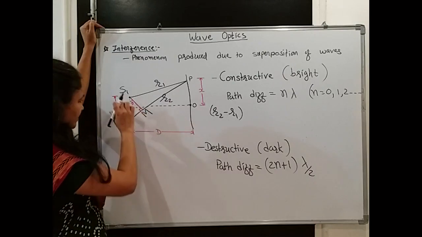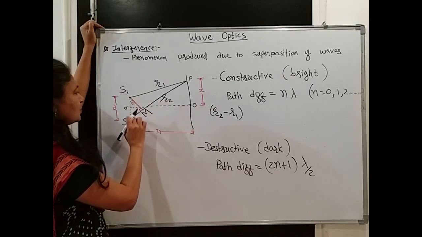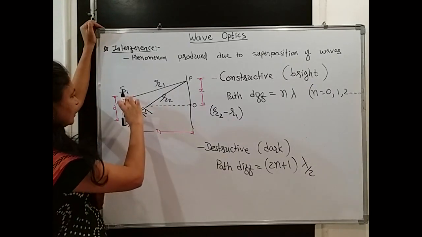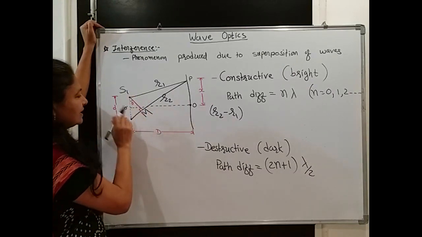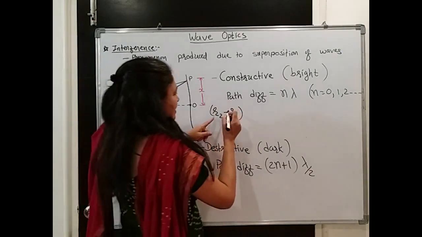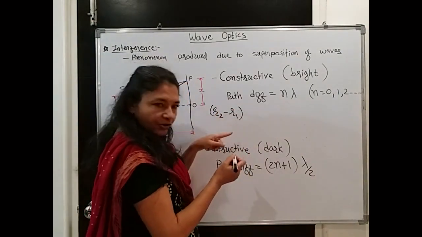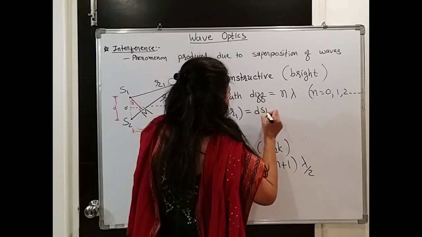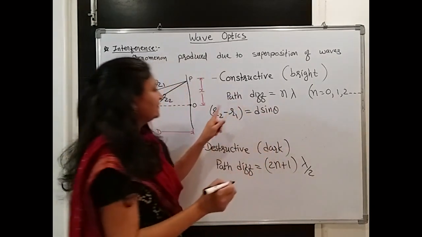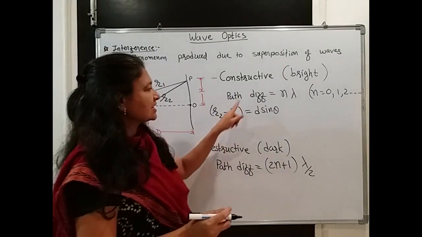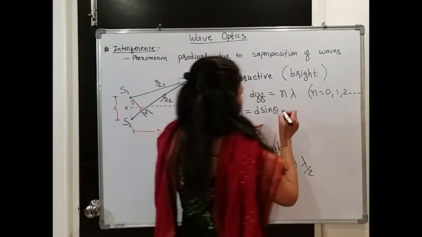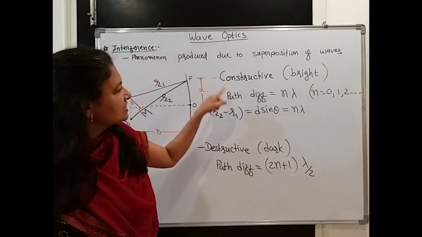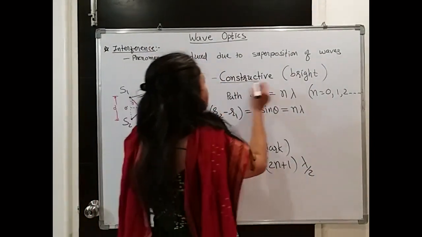And from triangle S1S2M, I can say that S2M is nothing but d sine theta, because this angle is theta. So the path difference R2 minus R1 is equal to d sine theta, which is equal to n lambda. So this is the condition for constructive interference.